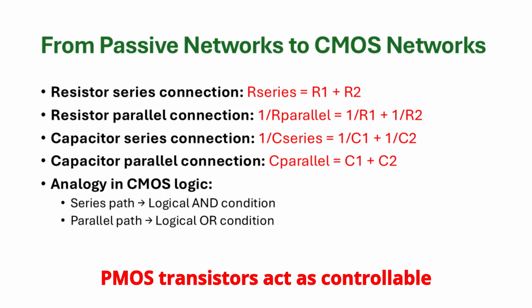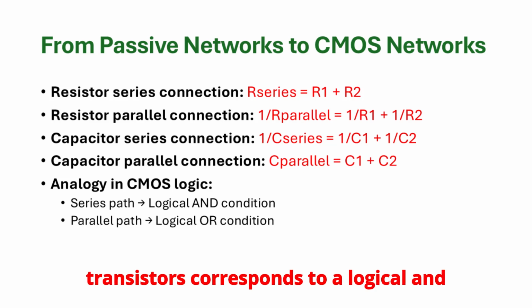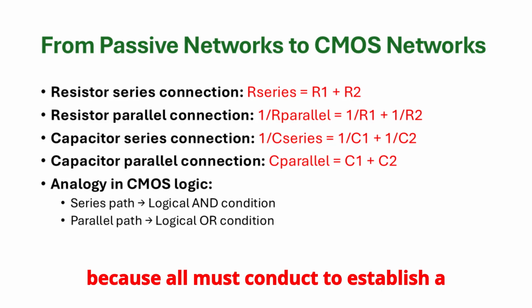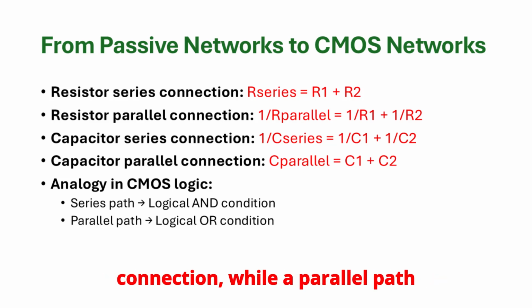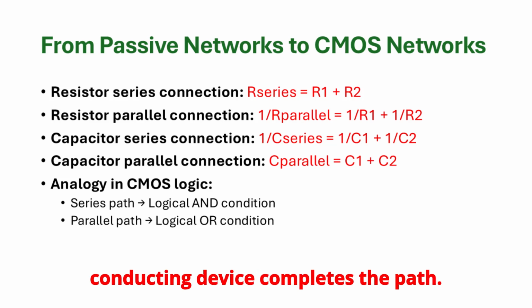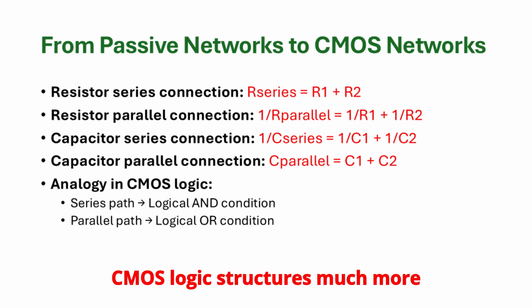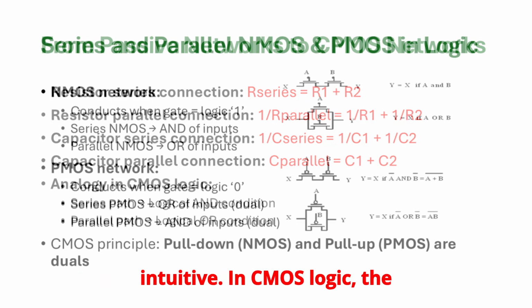NMOS and PMOS transistors act as controllable switches. A series path of transistors corresponds to a logical AND because all must conduct to establish a connection, while a parallel path corresponds to a logical OR since any conducting device completes the path. This analogy from R and C networks makes CMOS logic structures much more intuitive.